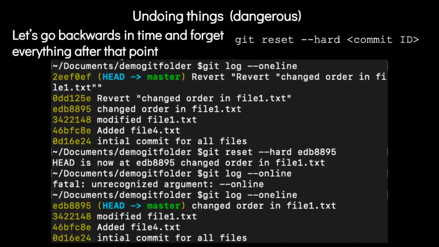Let's make reality, in this case, EDB8895 again, and just forget all the other stuff happened. Now I'll let you in on a little secret. It's not really gone. Those other changes are still stored, and we can go look at them and review them in the future if we want, but we're not going to get into that in this video series. This is an intro to just get your head around these concepts.